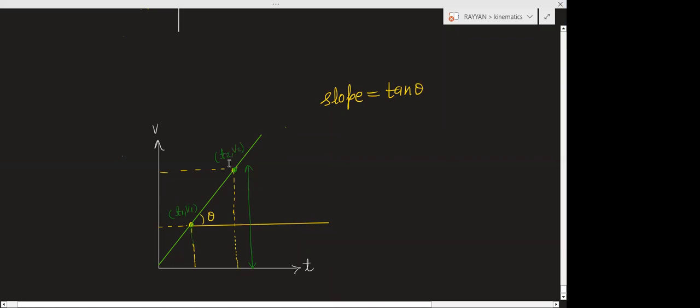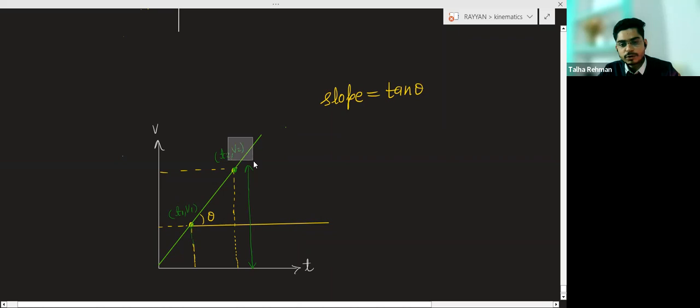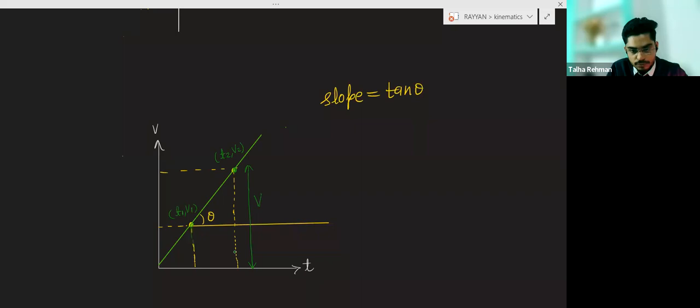Understanding? So this distance will be y. What is the y coordinate of the graph? The y coordinate of the graph is the distance between the point and the x-axis. So this distance will be v2, and this distance will be v1.